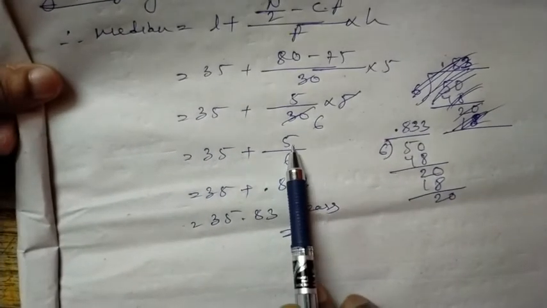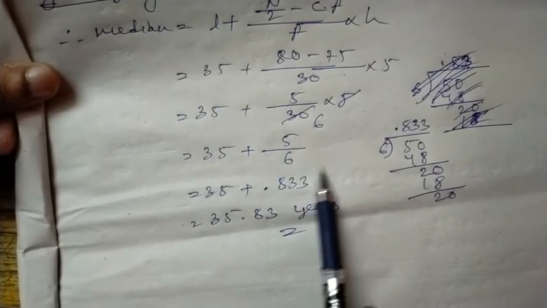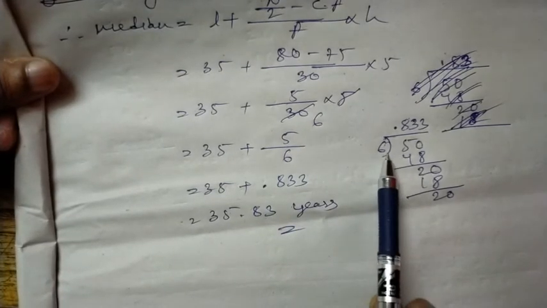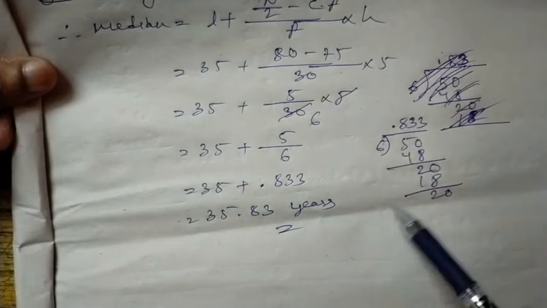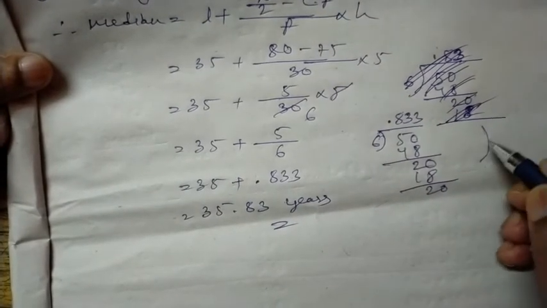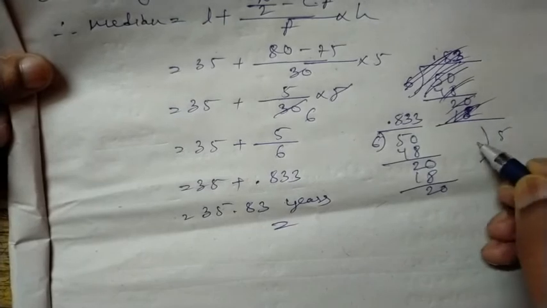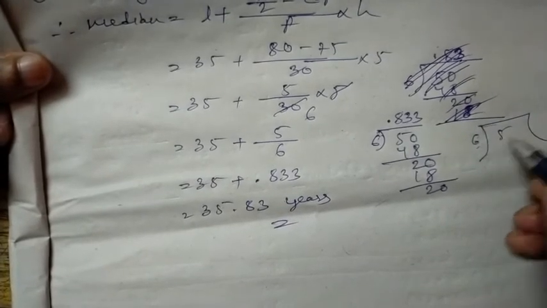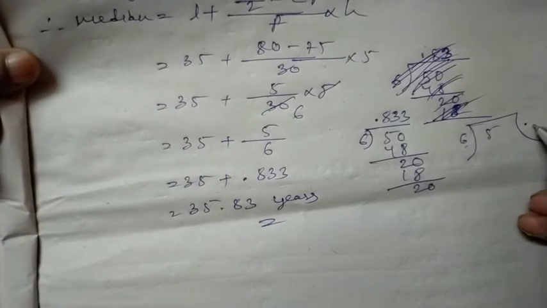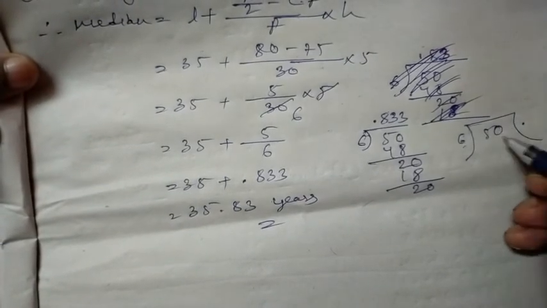Now we have to divide 5 by 6. You see, 6 and 5 we cannot divide, so we have to put a decimal here and give a 0.